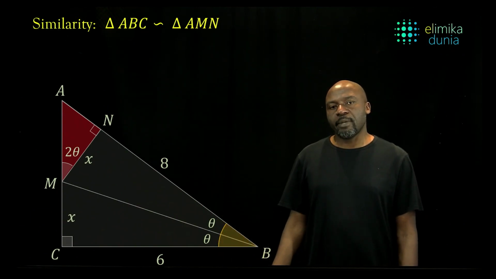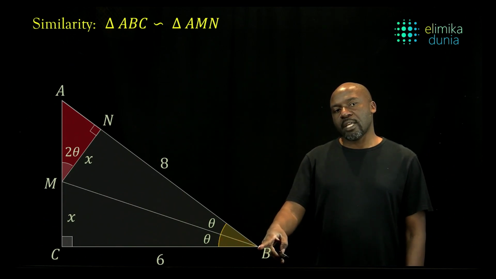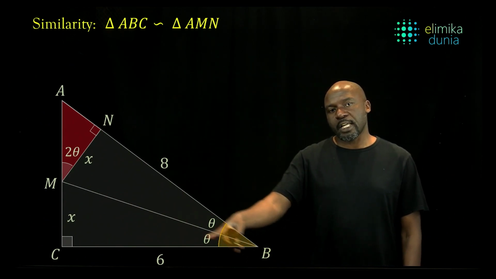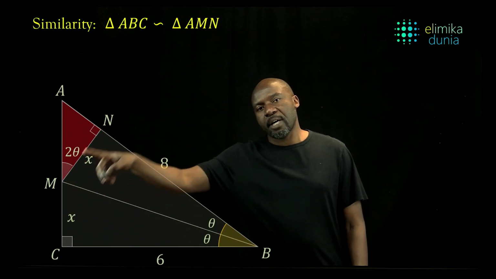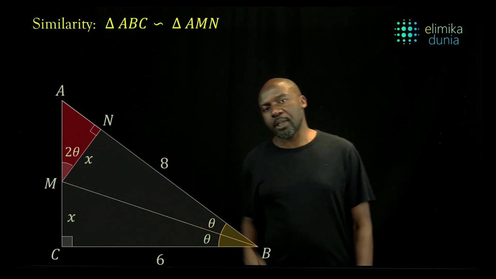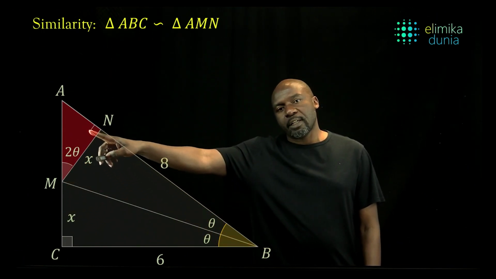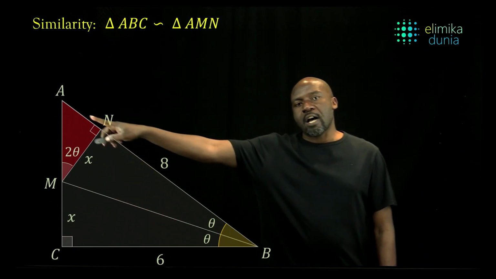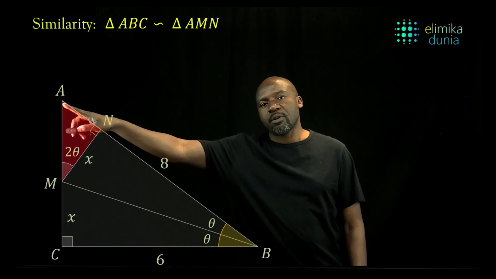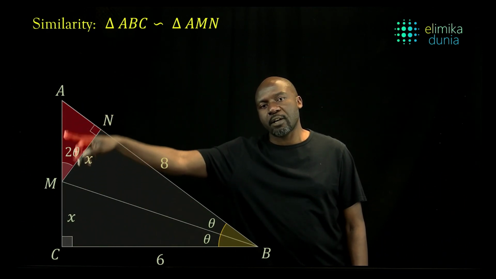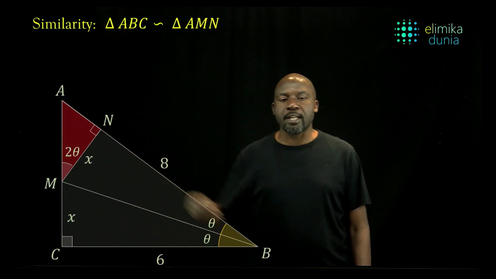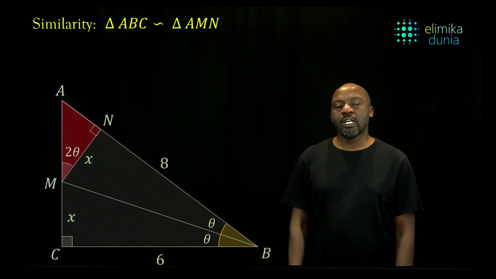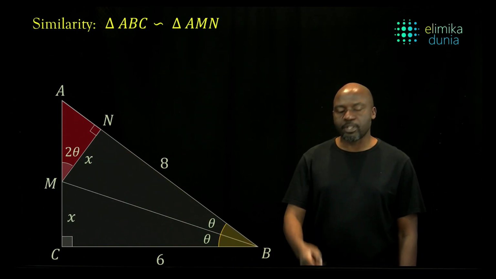If they are similar, then clearly angle B must correspond to angle AMN, which must be 2 theta. The right angle at N must correspond to C, and angle A corresponds to itself, because it's the same angle for the small triangle and also for the larger triangle. So for that reason, these two triangles are said to be similar.